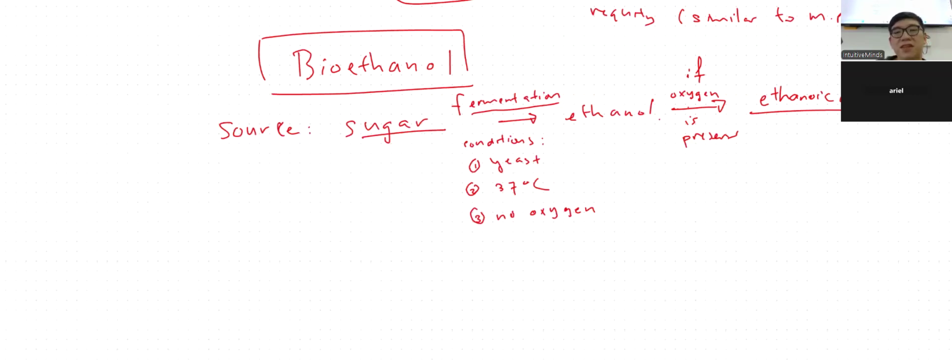So why is bioethanol important? When you do this through fermentation to form sugar, that is photosynthesis. To form sugar, you will need CO2 and H2O. So this process here, because carbon dioxide is being absorbed, is a carbon capture.